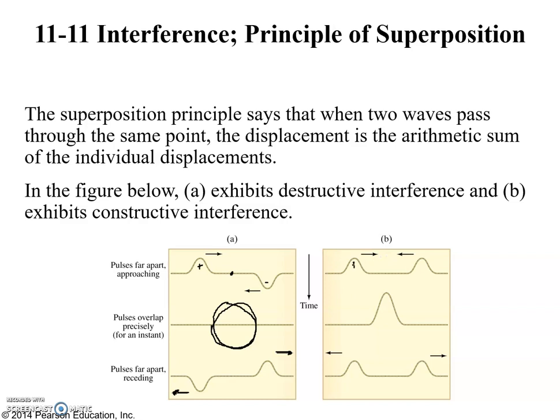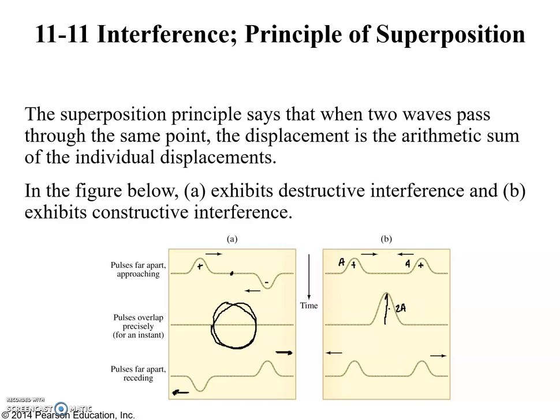In this case, we have two positive waves, both on the positive side of the rope. What happens when they come in contact with each other? Well, the amplitude here would be double what the amplitude was before. We had an amplitude here, they come together, and this is what we call constructive interference.